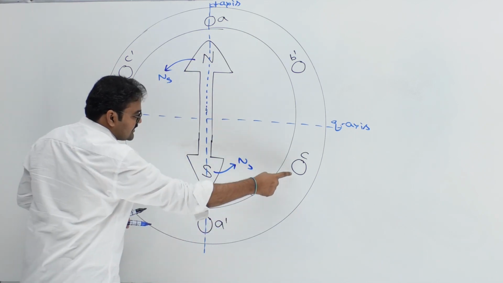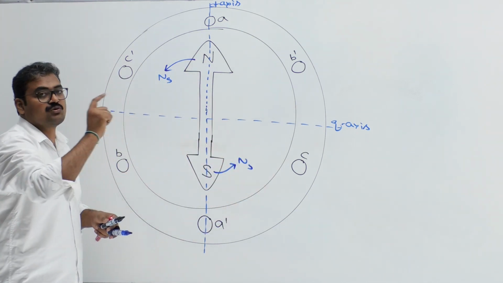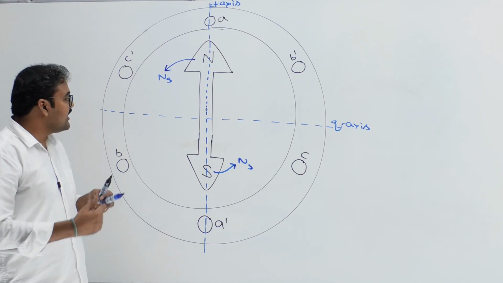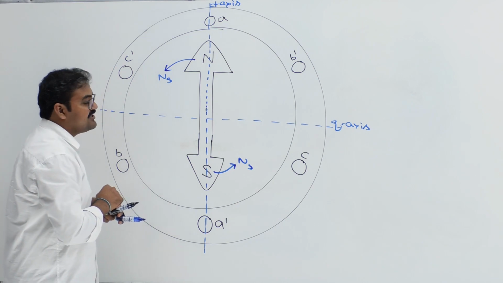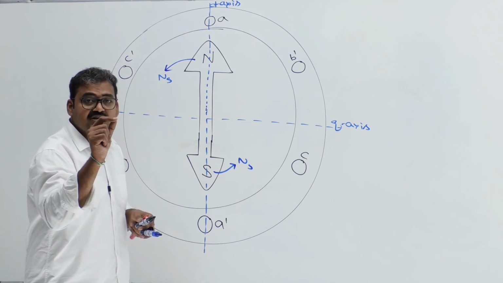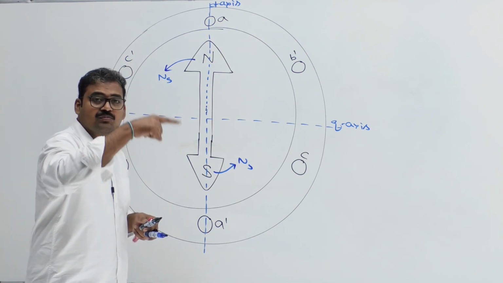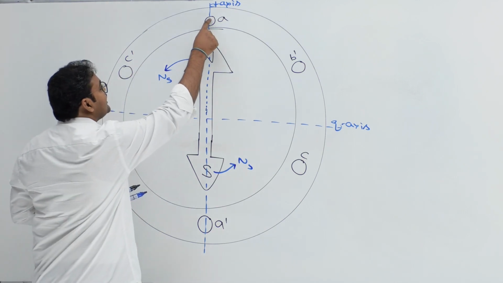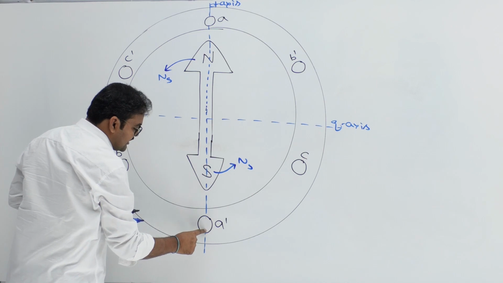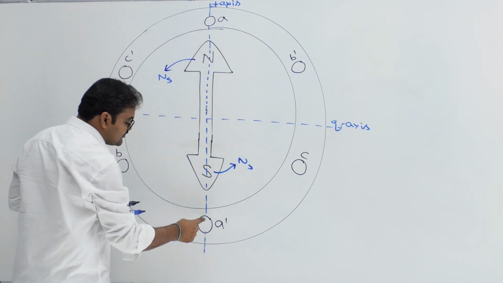These three conductors are under the influence of south pole. Clear? Next, which conductors will experience maximum induced EMF here? The conductors lying along the interpolar axis or the polar axis? Polar axis. Can I say right now A and A dash are along the polar axis, therefore they will experience maximum EMF.